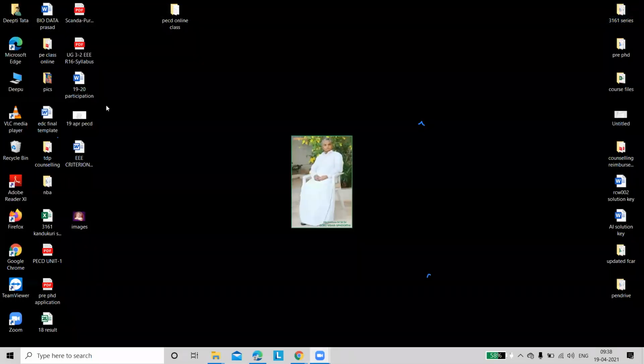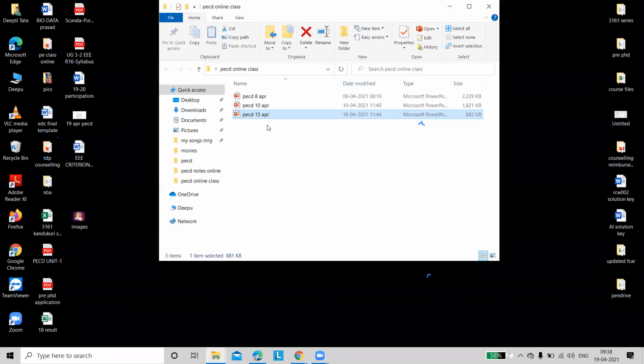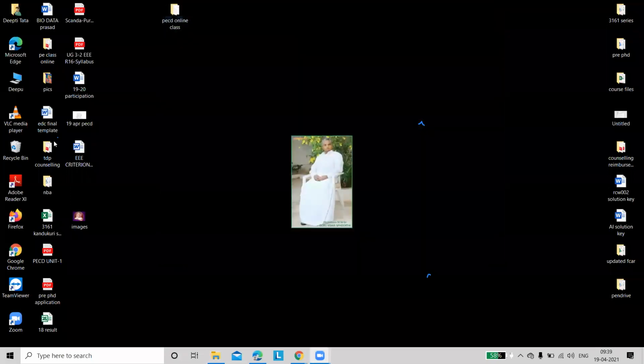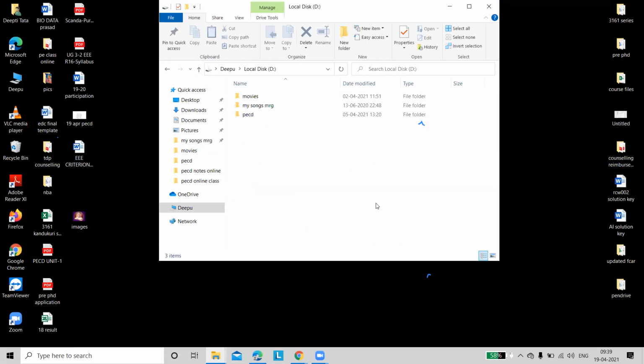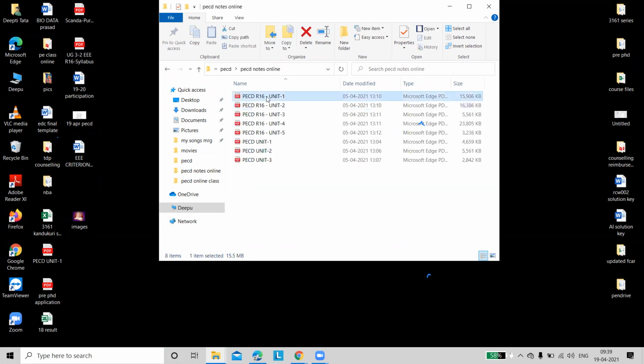And there is one more topic balance here, that is actually, just wait. Any of you please respond, have you completed this topic or not? That is load torque parameters, different torque. Just wait.